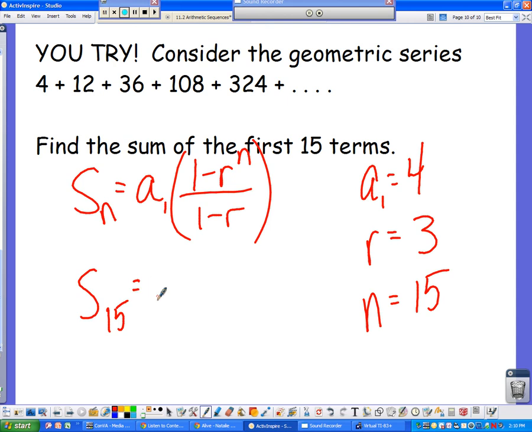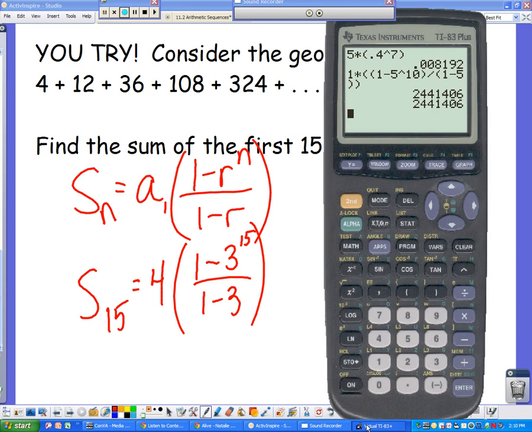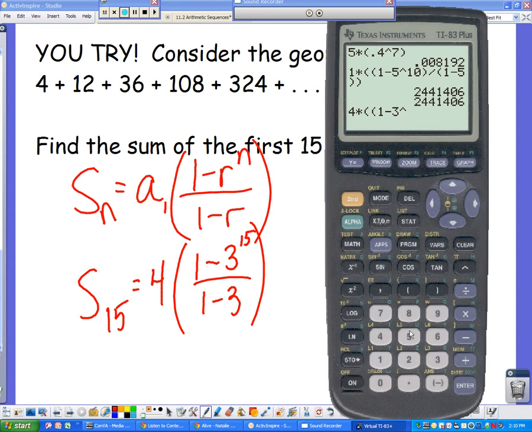A sub 1 is 4. We're going to do 1 minus 3 to the 15th over 1 minus 3. So put that in the calculator. And I get 4 times, and let's do a double parenthesis, 1 minus 3 to the 15th, and then divide that by 1 minus 3.